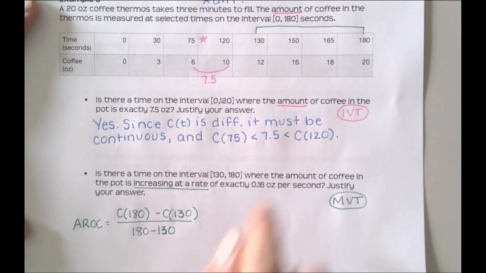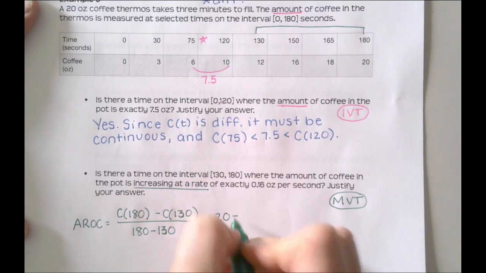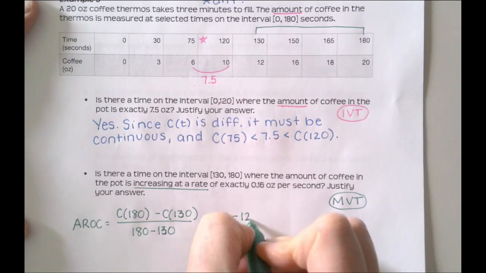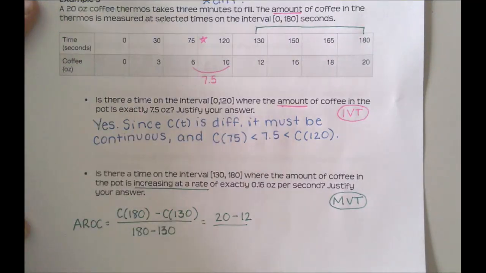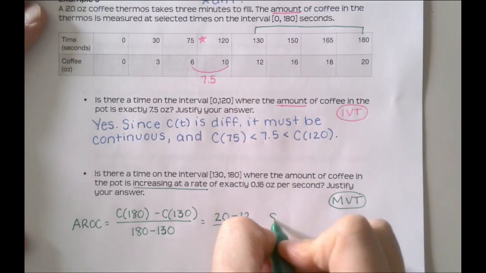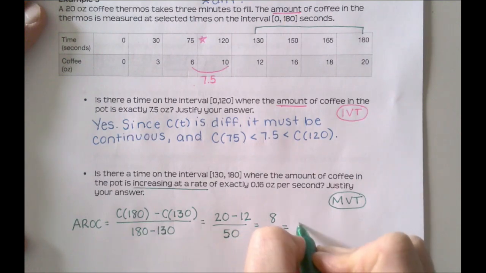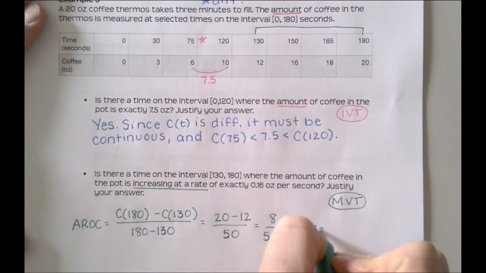Okay, and that would just be 20 minus 12 over 180 minus 130 would be 50. So that's 8 over 50, which, hey, look at that. That's going to be 16 over 100, which is 0.16.